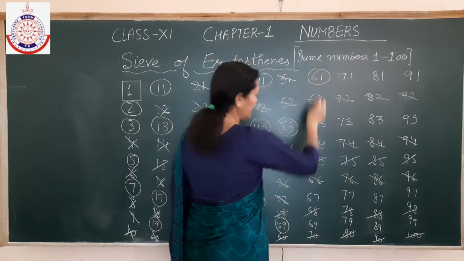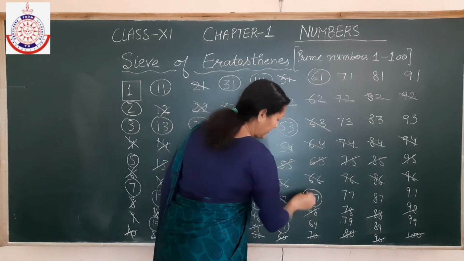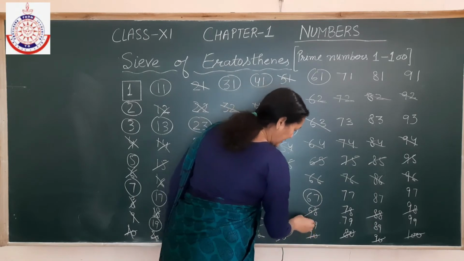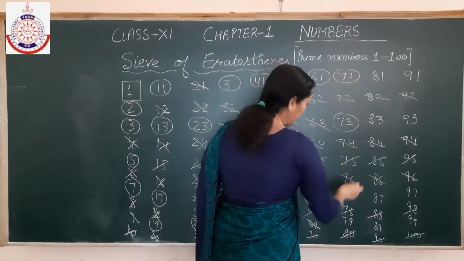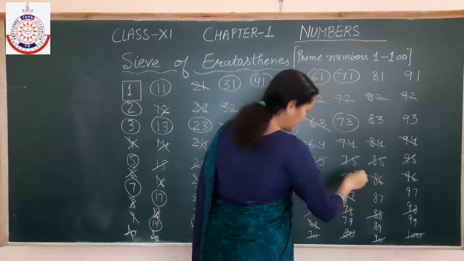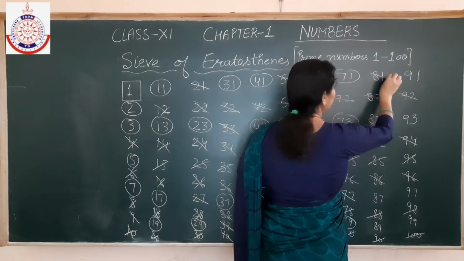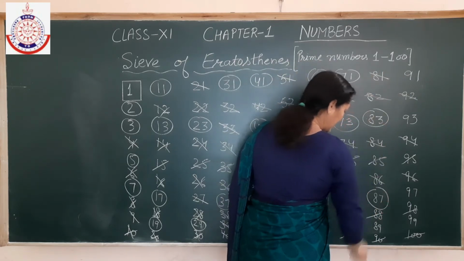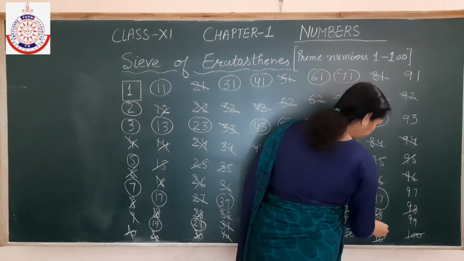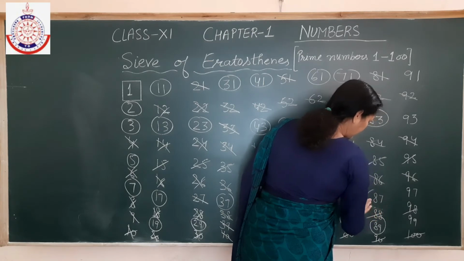61 is prime, 63 comes in the table of 3, 67 is prime, 69 comes in the table of 3, 71 is prime, 73 prime, 77 comes in 7, 79 is prime, 81 comes in 9, 83 is prime, 87 is not prime as it comes in the table of 3, 89 is prime.